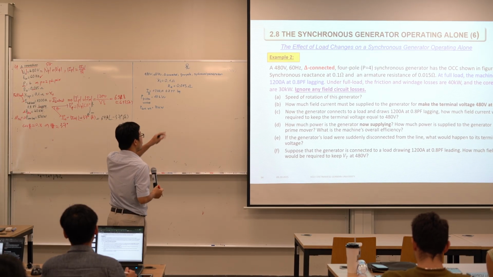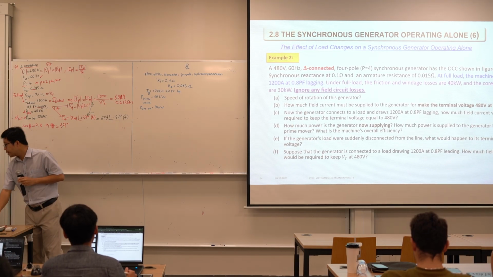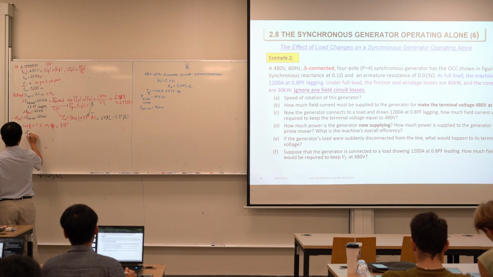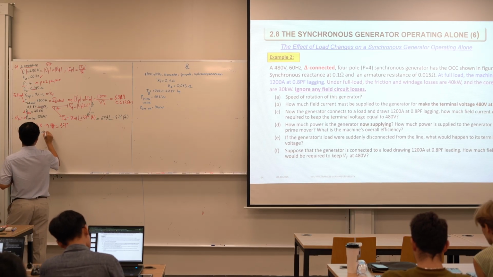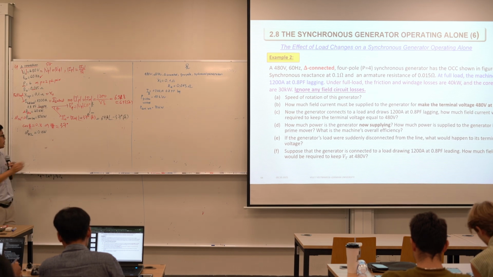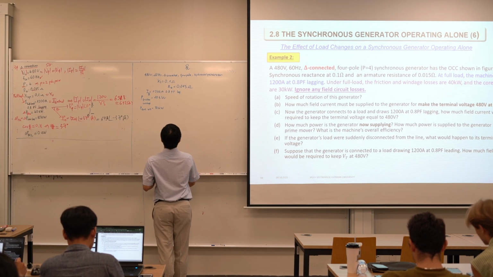Okay, we ignore any field circuit losses. That means we have delta P field circuit equal to 0. Okay, to finish. Now we compare with this one.